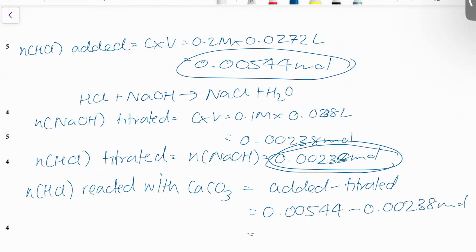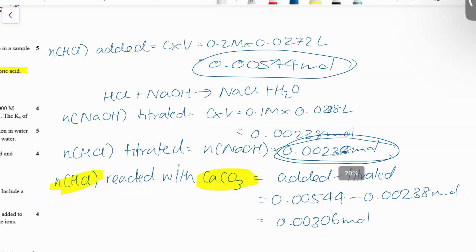How many moles of HCl actually titrated with calcium carbonate? 0.00306 moles.